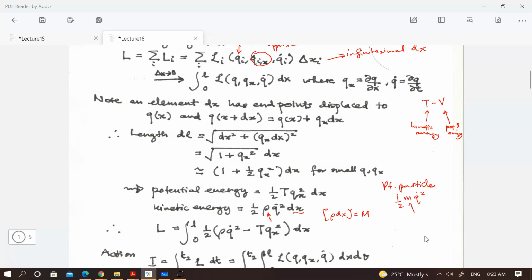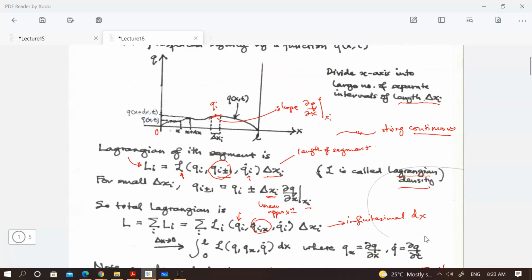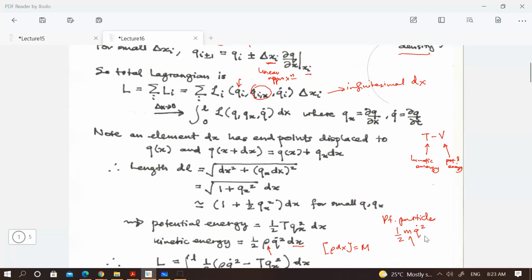Remember that you need continuity of the string, so you consider the length of the string. For example, in this particular picture over here, we need to be able to describe all this displacement. So you consider the derivative over here multiplied by your dx to show the vertical displacement.